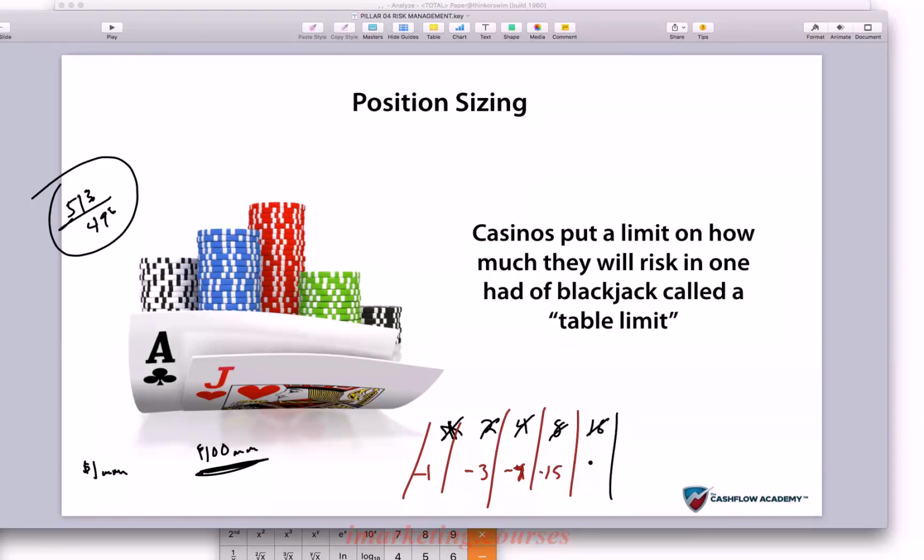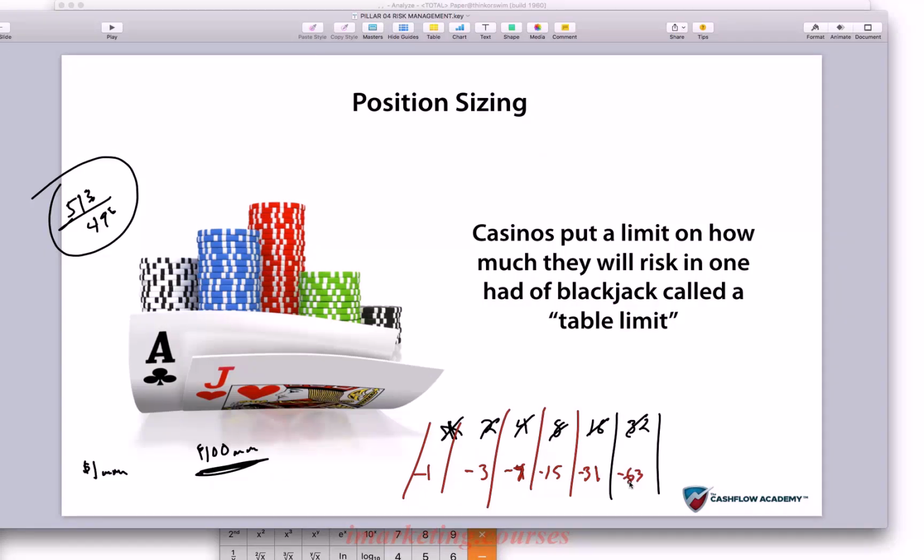So 16 plus 15, I'm down $31, right? Let's just keep doing it if you've never done this. Okay, so now I bet $32, and I lose it. So now I'm down, what would that be, $63.